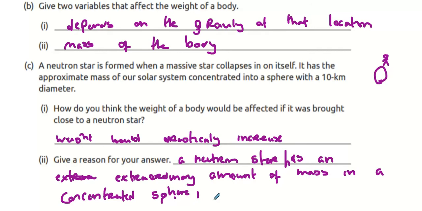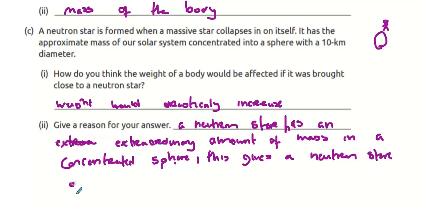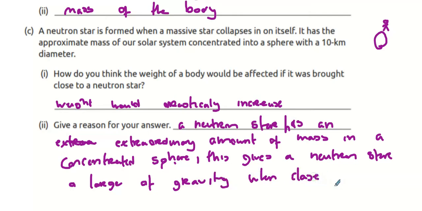This gives a neutron star a large amount of gravity when close to it. Okay, larger gravity equals larger weight. Larger value of gravity means a larger weight.